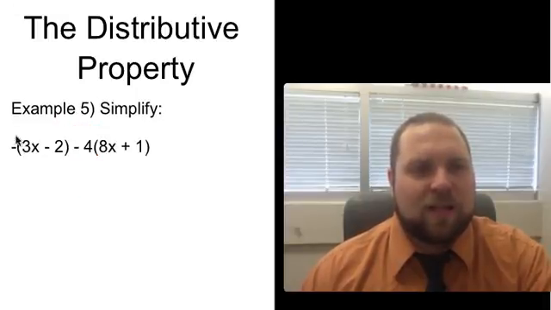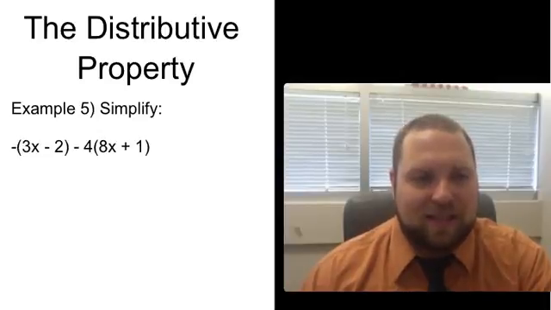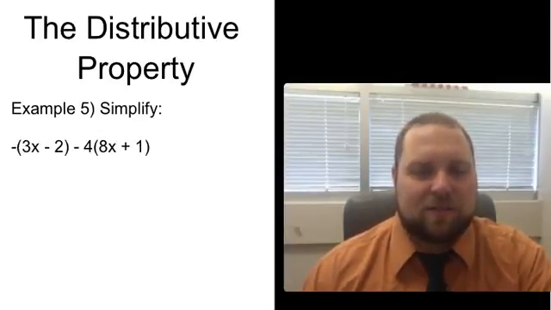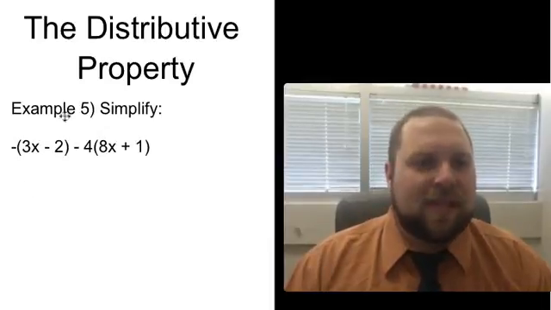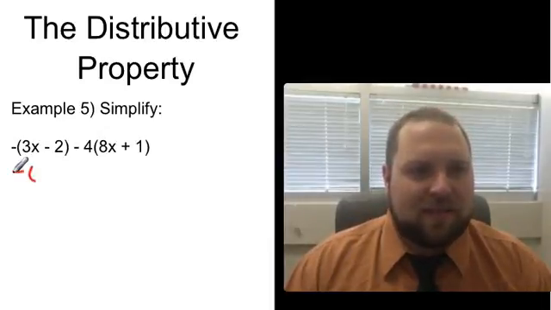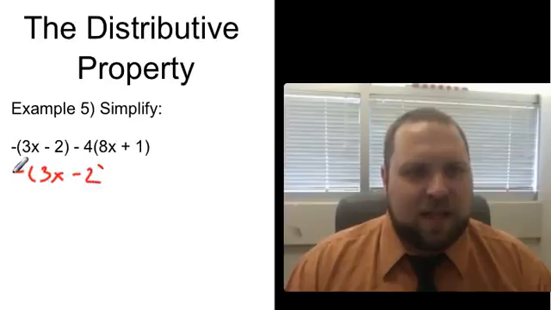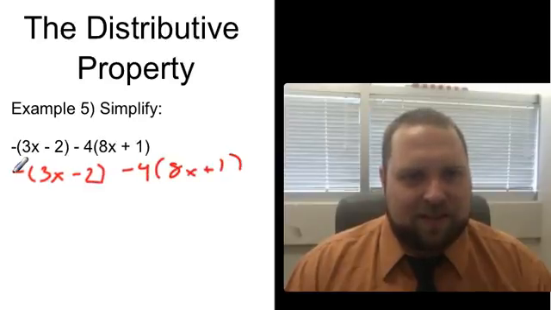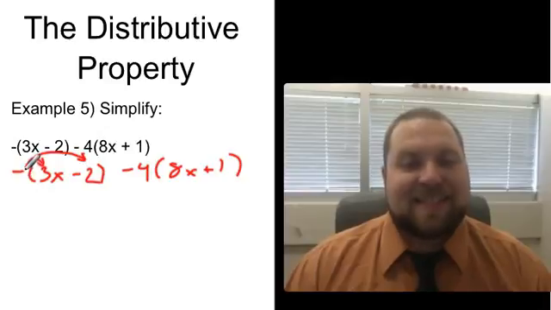For this one, it's double duty. I will have to distribute twice and then combine like terms. So we begin here with the negative (3x minus 2), and for ease of understanding, I'm just going to copy the whole thing down again, and we distribute that negative through both, understanding that that is a negative 1.